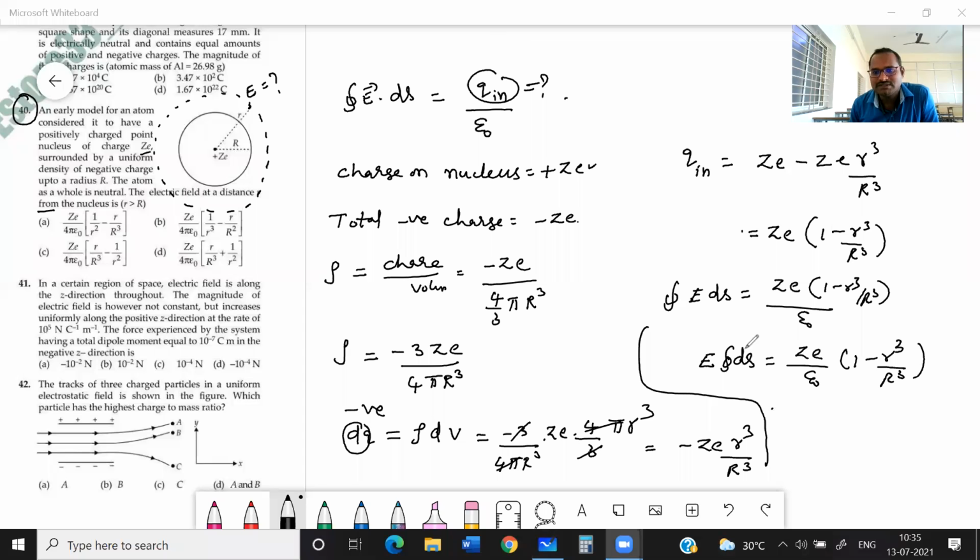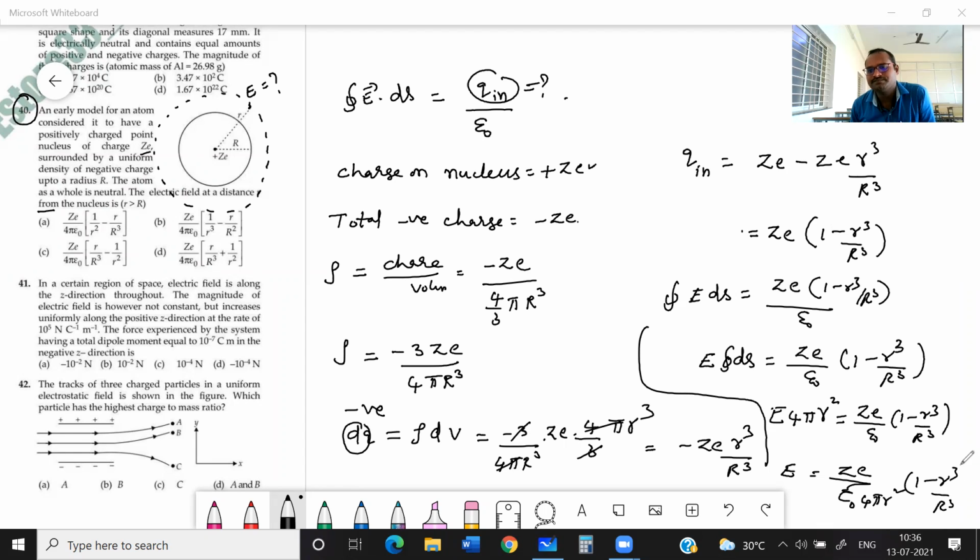Electric field into the surface integration of the Gaussian surface, which is 4 pi r square, is equal to Ze by epsilon naught into 1 minus small r cube by capital R cube. Sending these all to that side, you will get electric field equal to Ze by epsilon naught into 4 pi small r square into 1 minus small r cube by capital R cube.